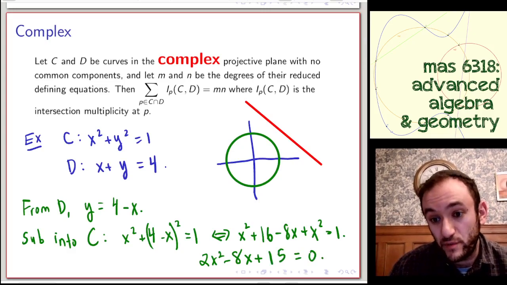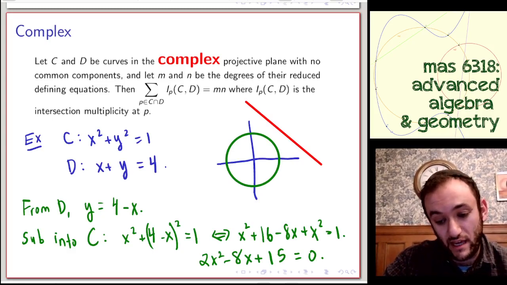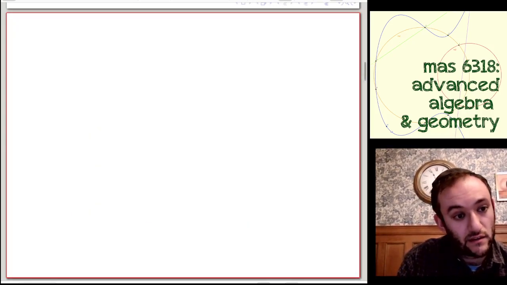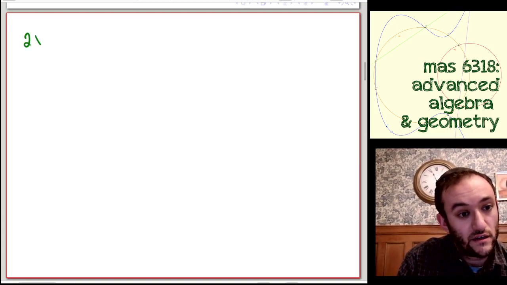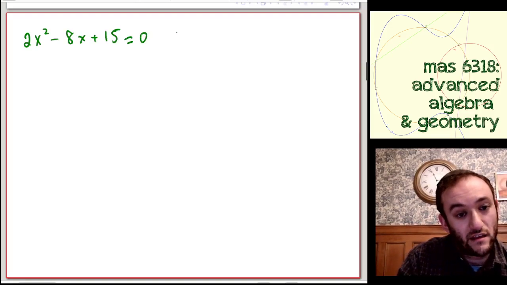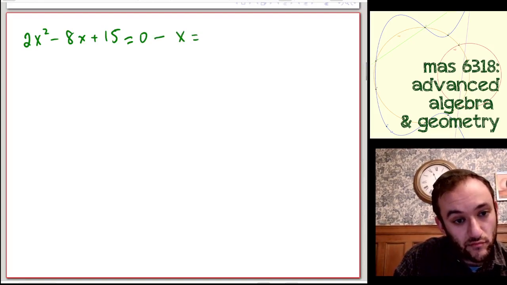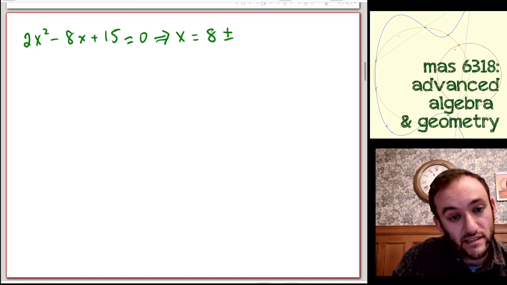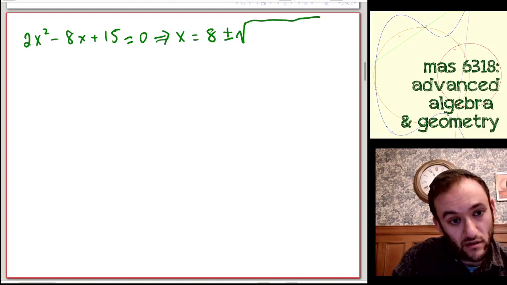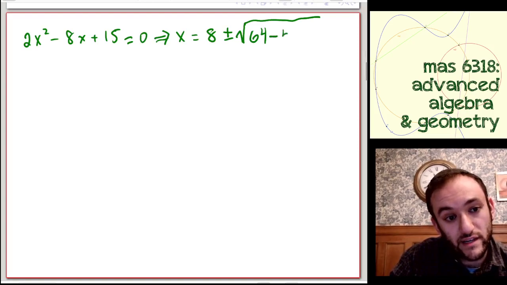And now we have a familiar quadratic equation, which we can solve using, for instance, the quadratic formula. So we know it's 2x squared minus 8x plus 15 equals 0. So that means that x equals 8 plus or minus the square root of 8 squared, or 64, minus 4ac, so 4 times 15 times 2, all over 2a, which is 2 times 2.